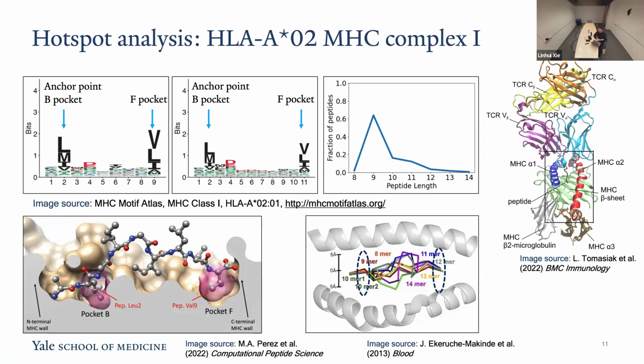Our goal is to generate a peptide. So we remove the raw peptide inside the complex and put these whole structures in as input data, then define the hotspots like the B pocket and F pocket on the MHC and the T-cell receptor contact regions of the peptide, and ask the model to generate the peptide. So this is the start point for our model.